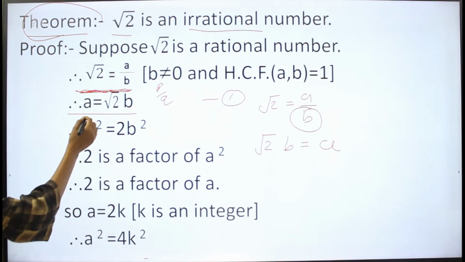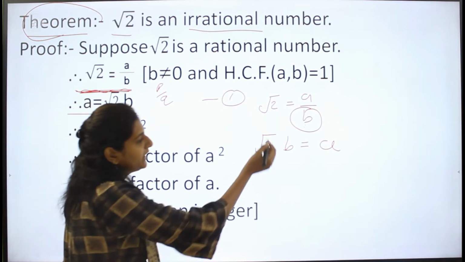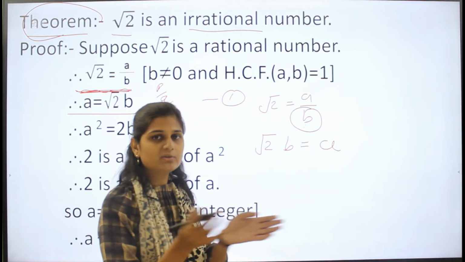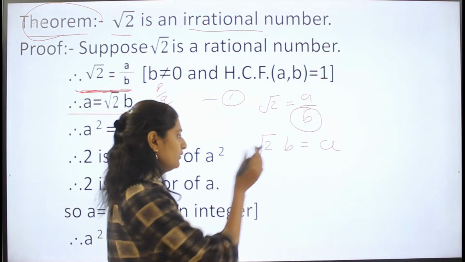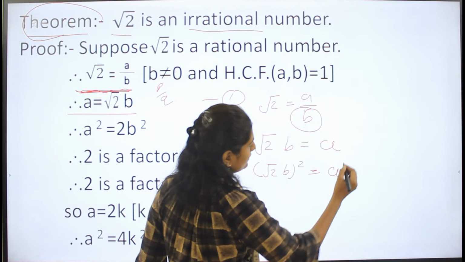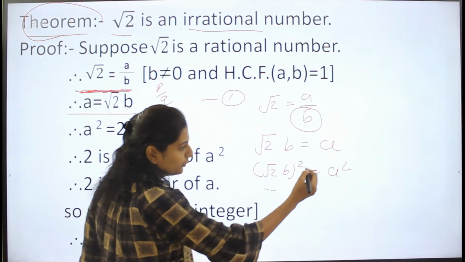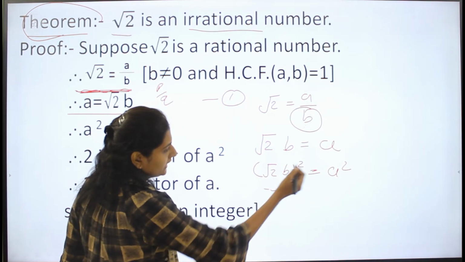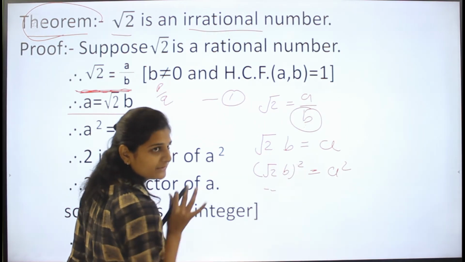Now what we have done over here is taken square on both sides. So we have the square of root 2 B and the square of A. Here you can give the square to each of them distinctly.